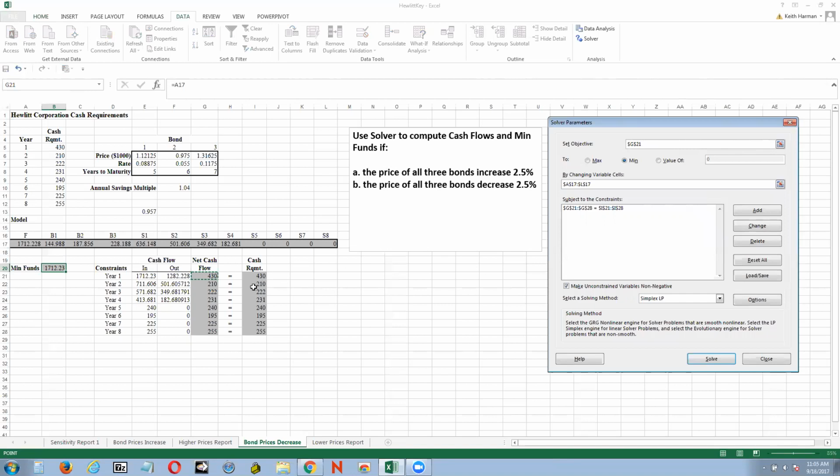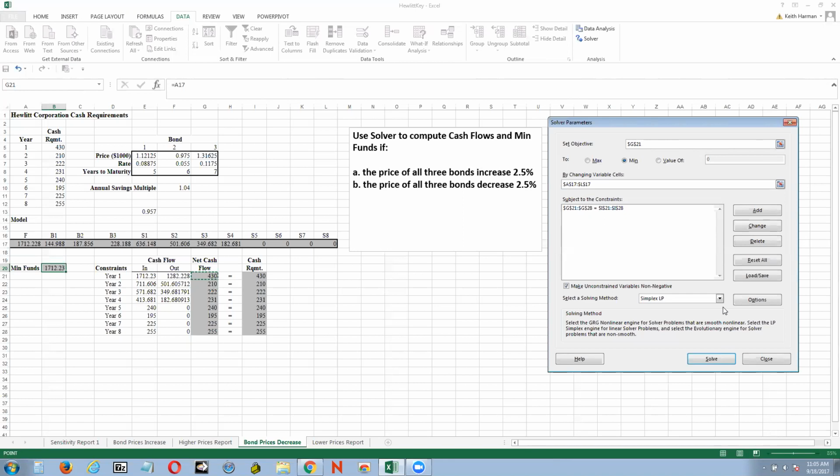And so what we want to have in each of these is that the net cash flow equals our cash requirement. That's the constraint. And what they're assuming here is that the variables are on a linear axis, in other words, a y and x axis. That's simplex LP. That's what that's all about, linear programming.